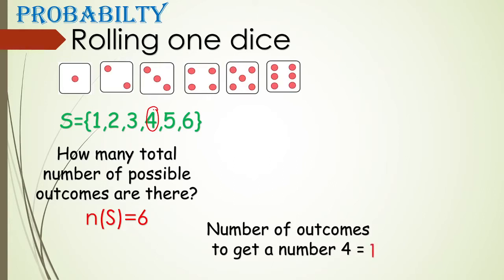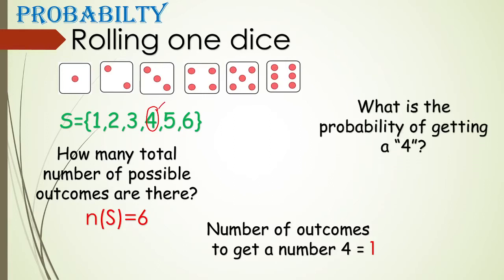Only 1. Getting a 4, that's only 1. So what is the probability of getting a 4? What's your numerator here? Is it 1 or 6? 1 is the numerator. The denominator is 6. So take note, the 1 here represents the number 4, and the 6 here represents 1, 2, 3, 4, 5, 6, the total number of outcomes.